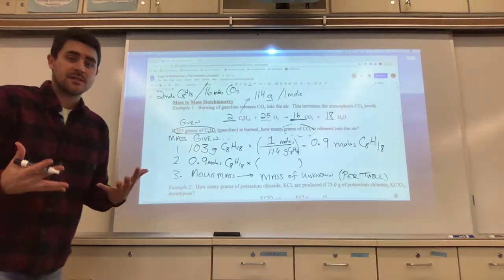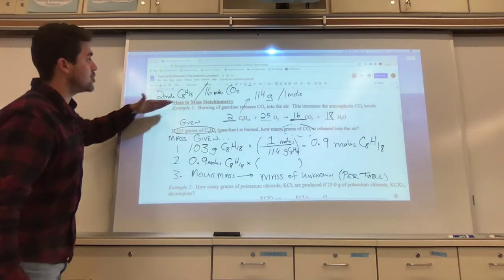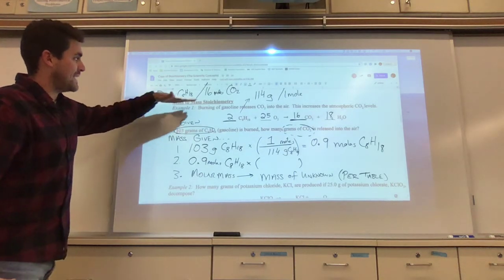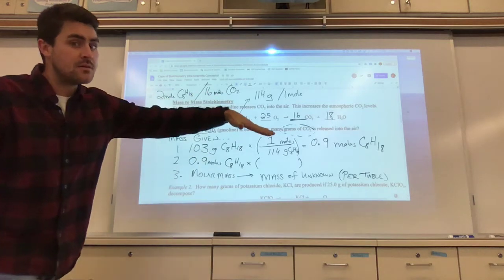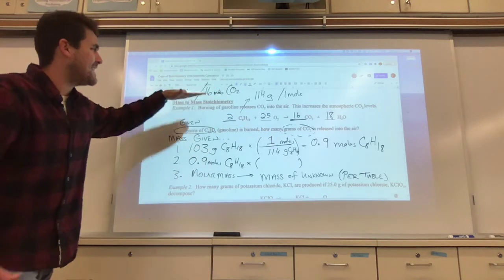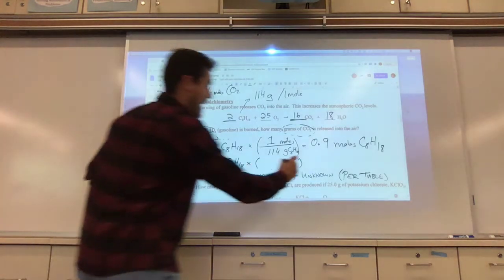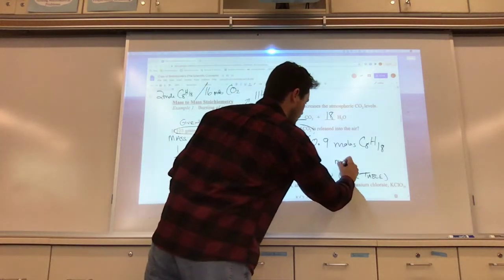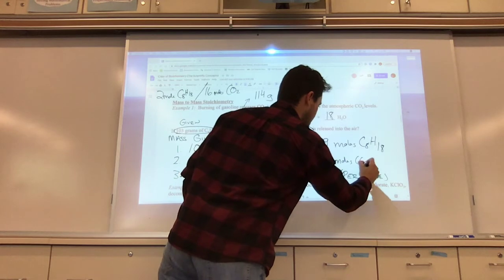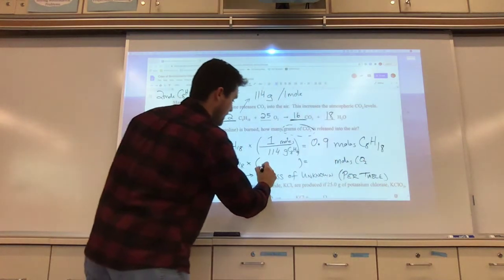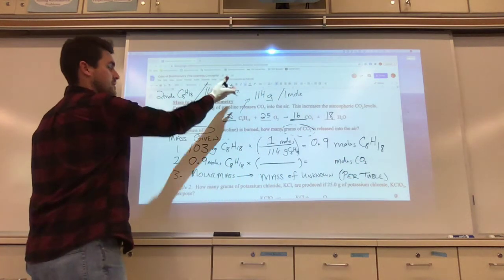Well, I have to ask myself, what factor do I want? Do I want 2 moles of octane to 16 CO2, or 16 moles of CO2 to 2 moles of octane? Well, where am I going? I am trying to find moles of CO2. That must mean that I want my moles of CO2 on top.